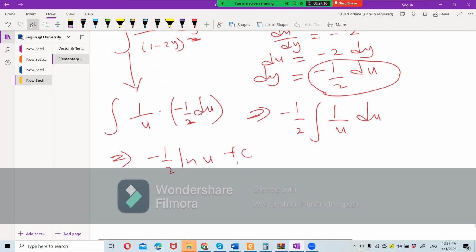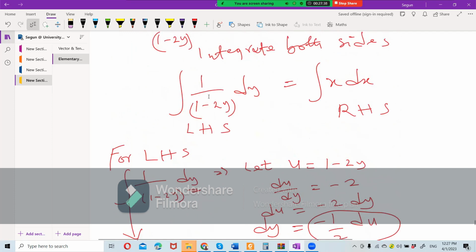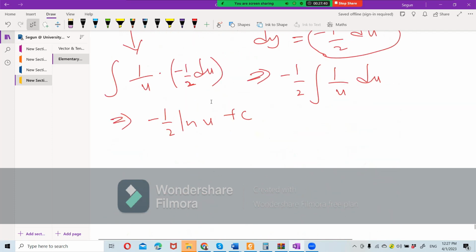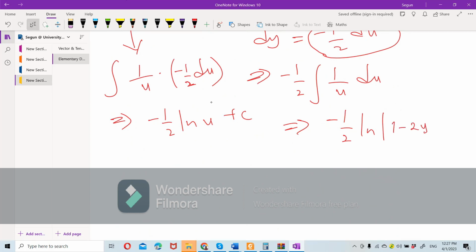So don't forget, we are still integrating the left-hand side, which implies that -1/2 ln, what is u? 1 minus 2y, plus c. So that is our u. So this is the left-hand side.